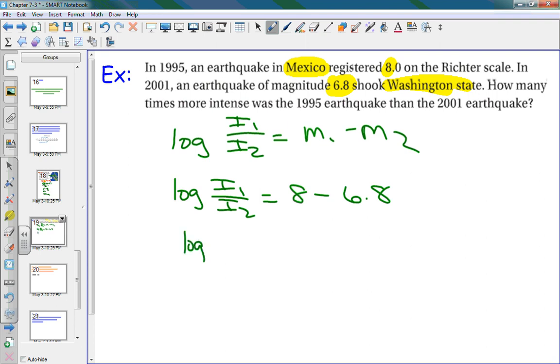So I have log of I1 over I2 is equal to 1.2. Now how do I write this as an exponential? What's my base? 10. Why is it a 10 when it's not there? It's understood to be there. So 10 raised to the, look across the equal sign, 1.2 is equal to I1 over I2.